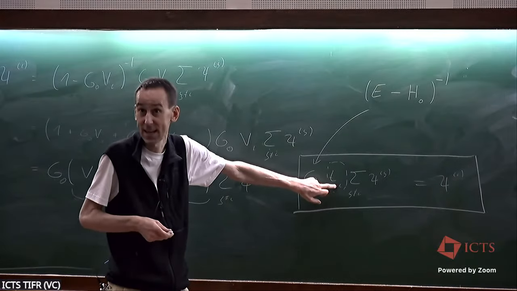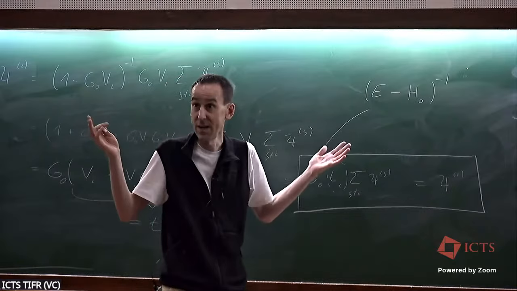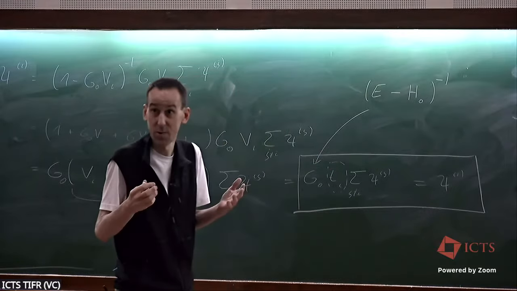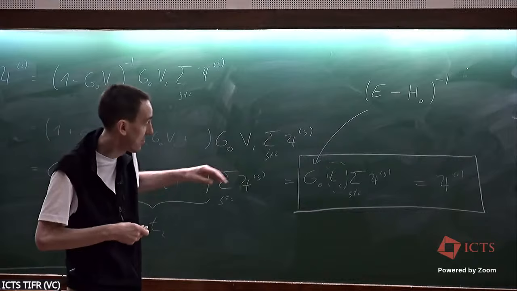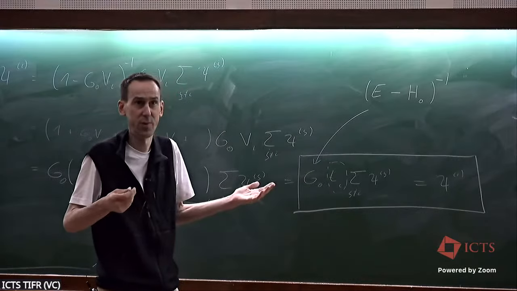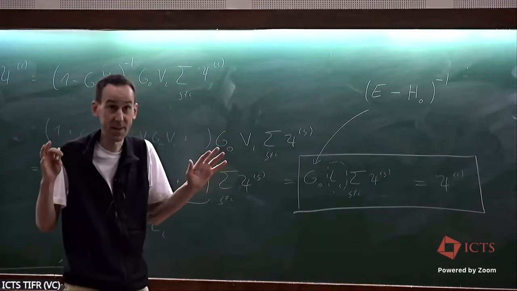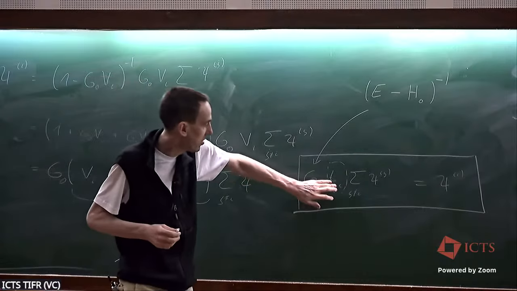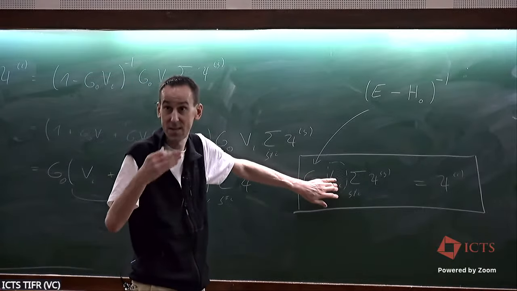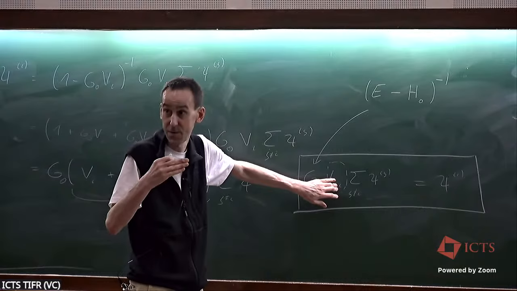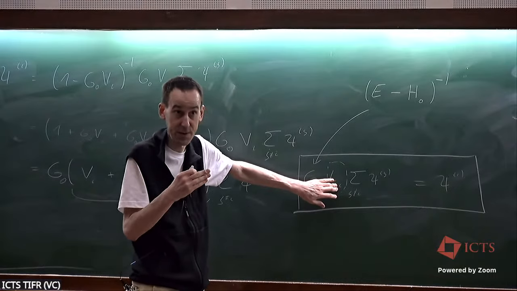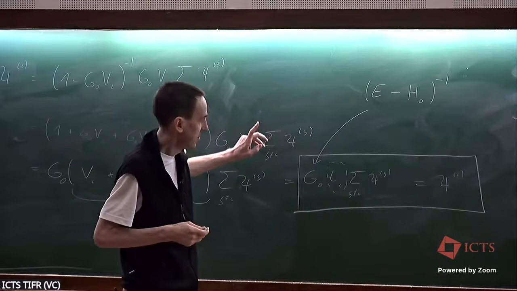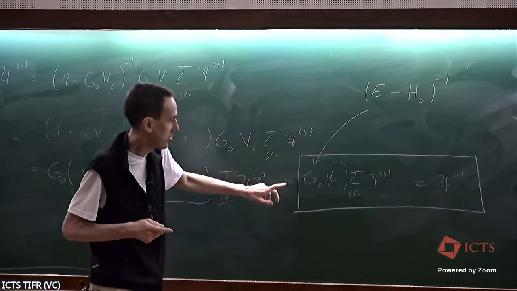This we can calculate for any potential, but what we now know is how to extract that from an effective field theory. And this is what we want to do now.